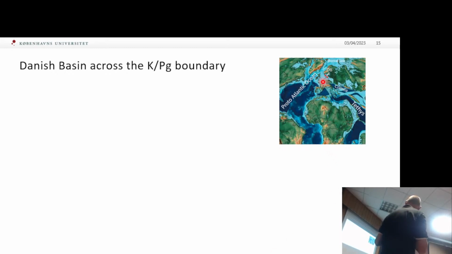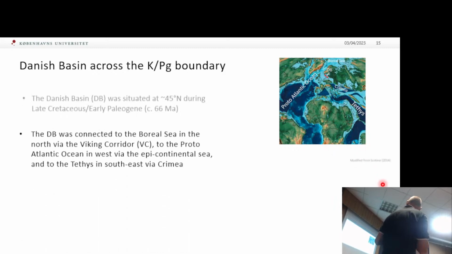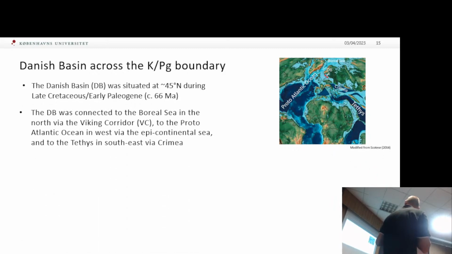Maybe you can see the red stars. And it was situated 45 degrees north across the boundary. It was connected to the intercontinental sea here, and to the Boreal Sea, and to the Tethys in the south.